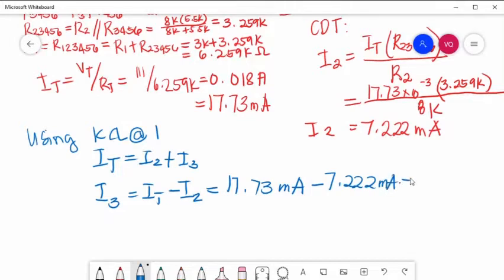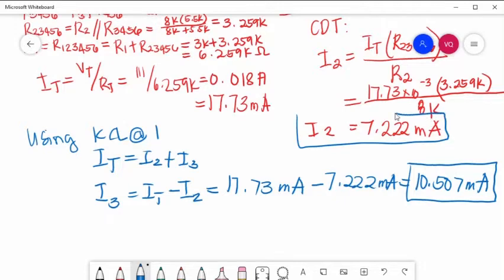So, that is equal to 10.507 milliampere. Okay.